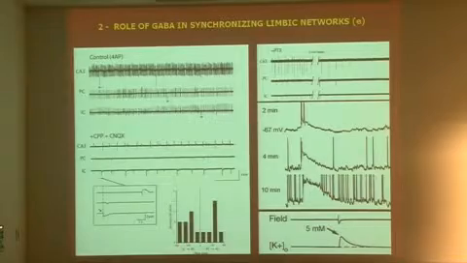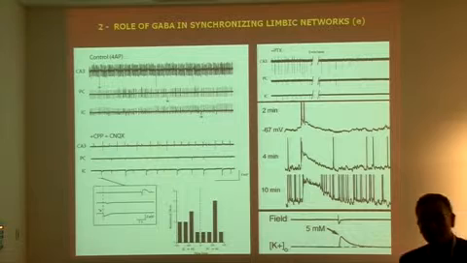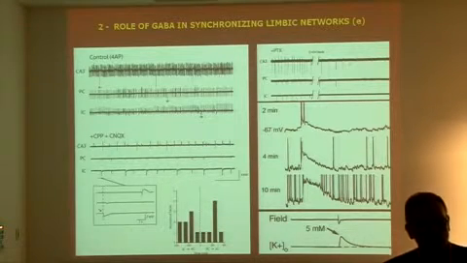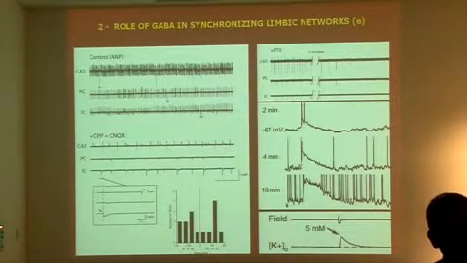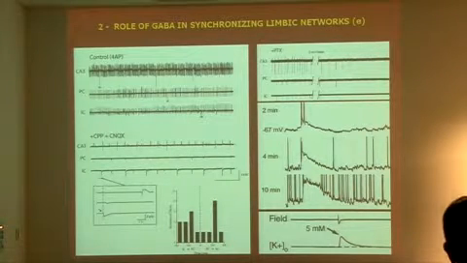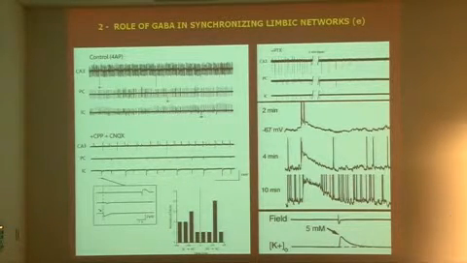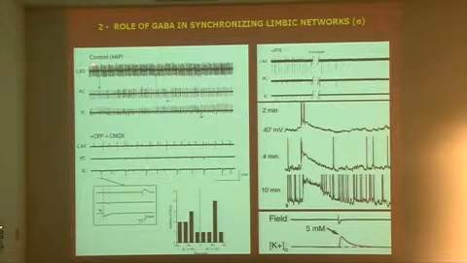Let's try to establish that what I call slow interictal is indeed GABA, or GABA A receptor mediated. Here you see, first of all, an experiment where 4-aminopyridine was applied to a slice containing the hippocampus proper, perirhinal cortex, and insular cortex.